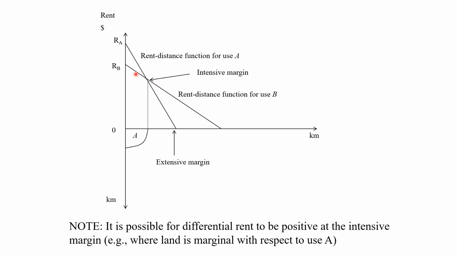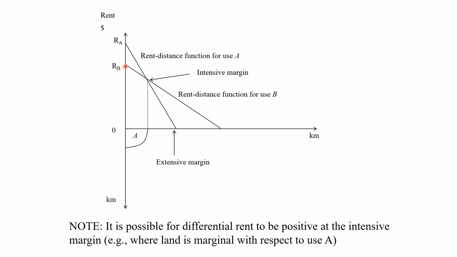So here we introduce a second rent distance function where if you're right at the city, you have lower rent than if you were to produce dairy products and fresh fruits and vegetables. So as a result, you would produce something different.